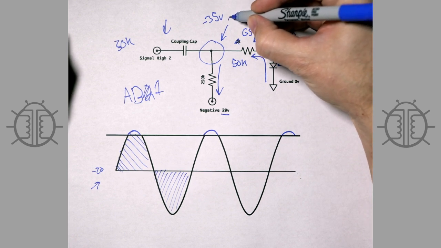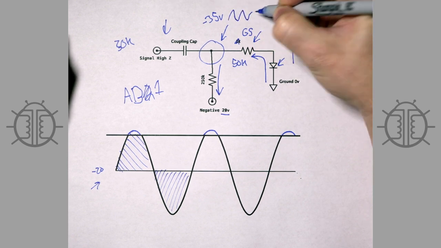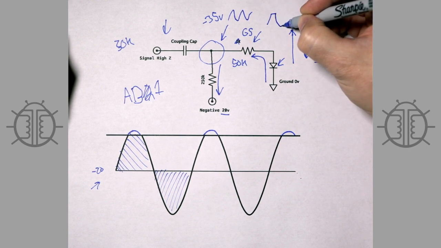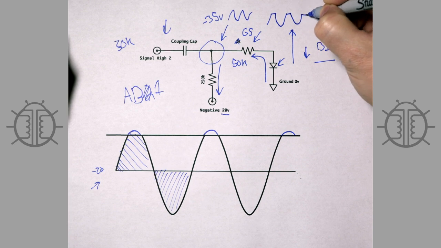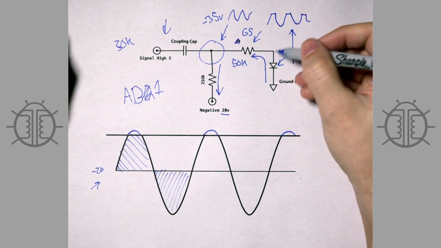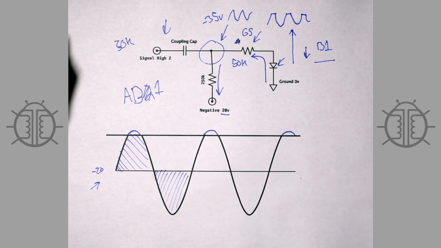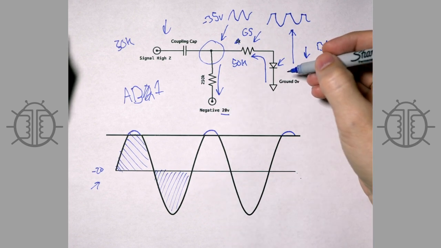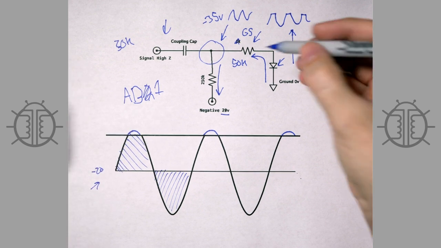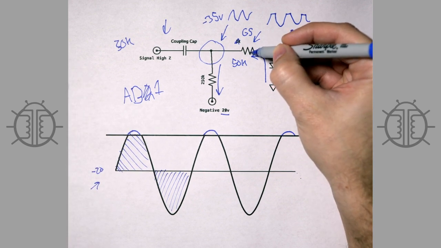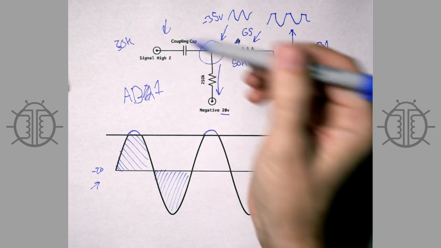Over here, your waveform is going to look just fine running into positive voltage, but over here on the grid, it's still going to be doing this. And once again, you're back in a negative rectifier clipping situation.